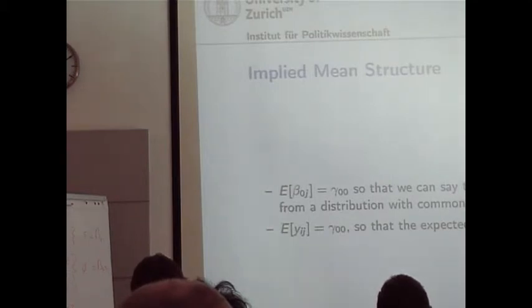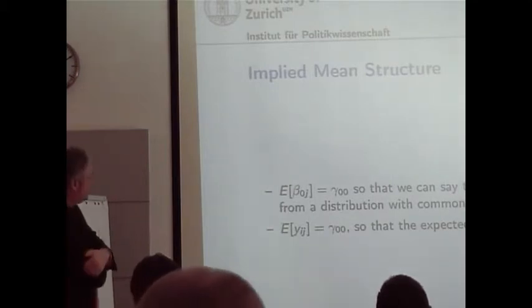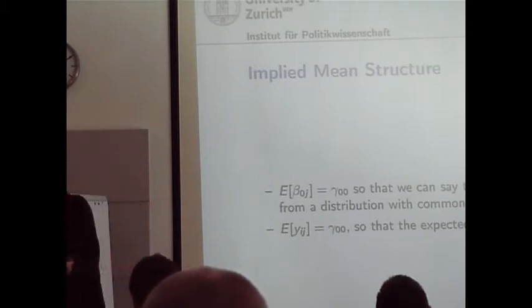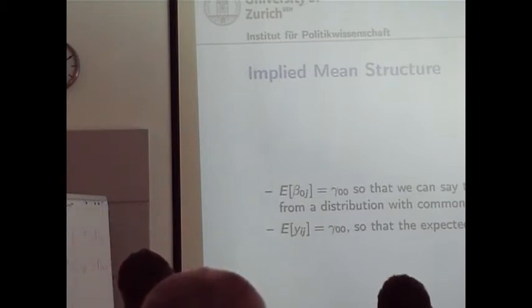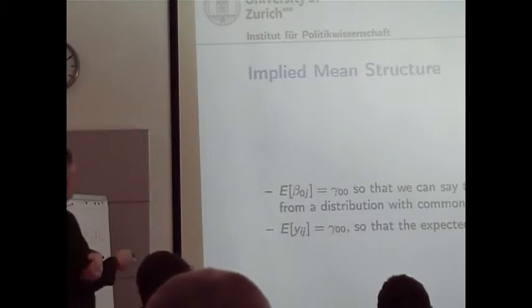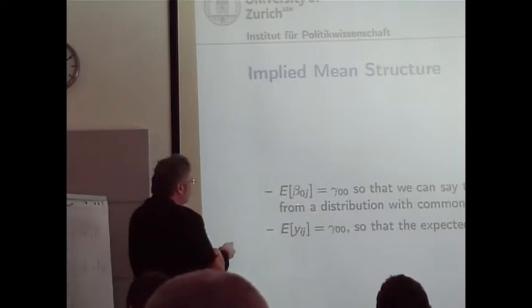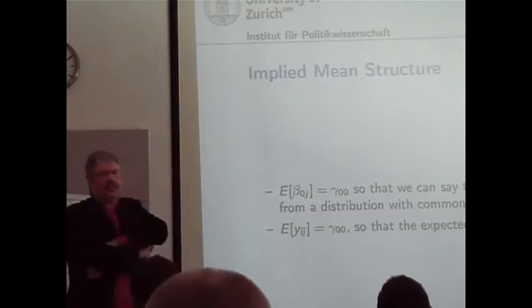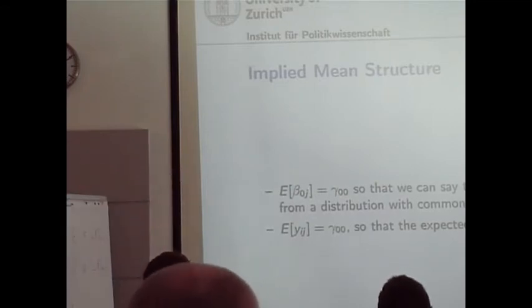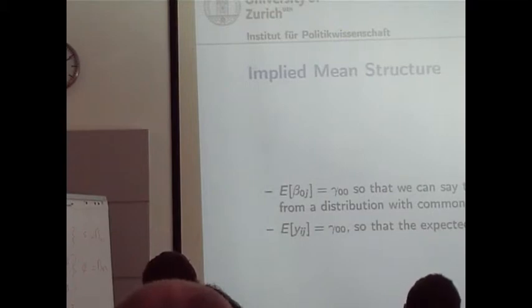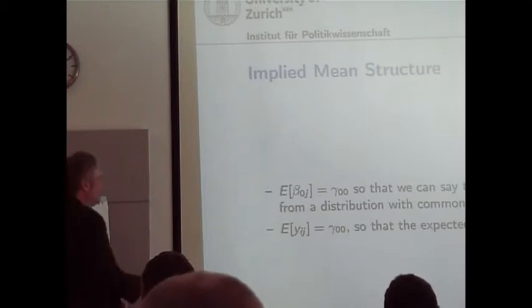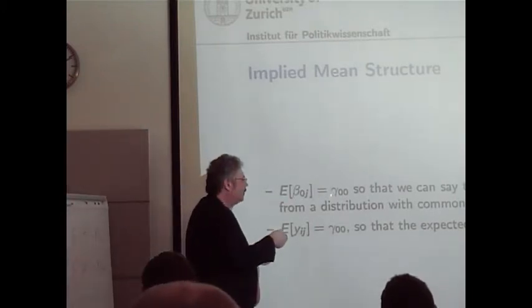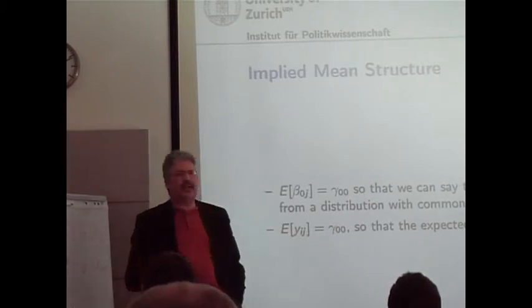So, with all these assumptions in place, we can say something about the means, and we can say something about the variance and the covariance. First of all, we say something about the average of these random intercepts beta 0j. Since we assume that the deltas are on average 0, it means the average of these beta zeros is equal to the grand mean.